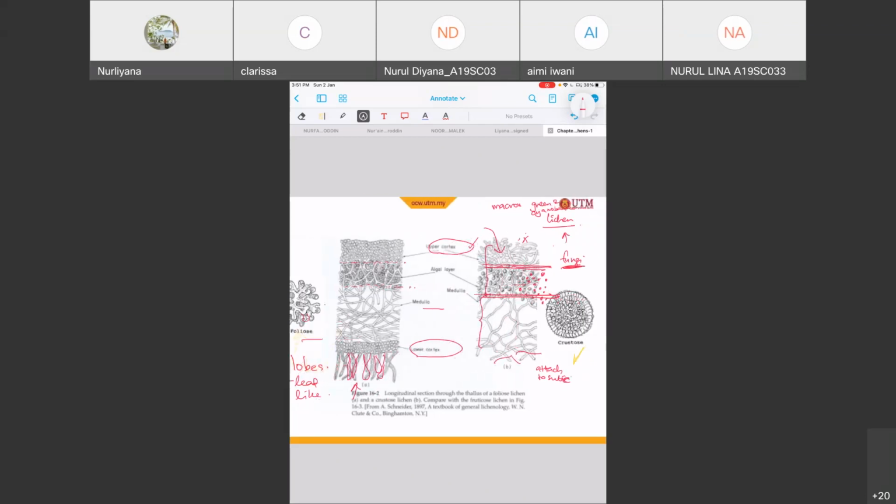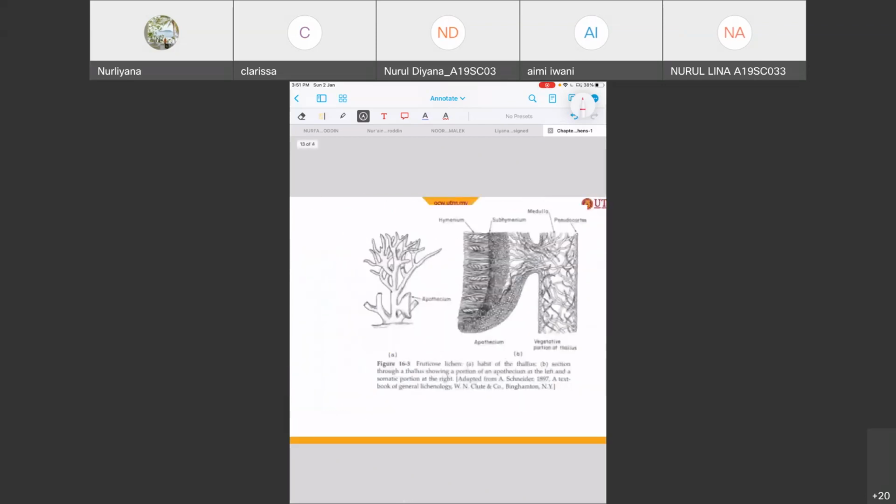Okay, this is fruticose. Fruticose is the third type of lichen form. As you can see here, this is the structure. They have a stem, so they can grow into a longer stem, and there is one distinct structure which is the epithelium.